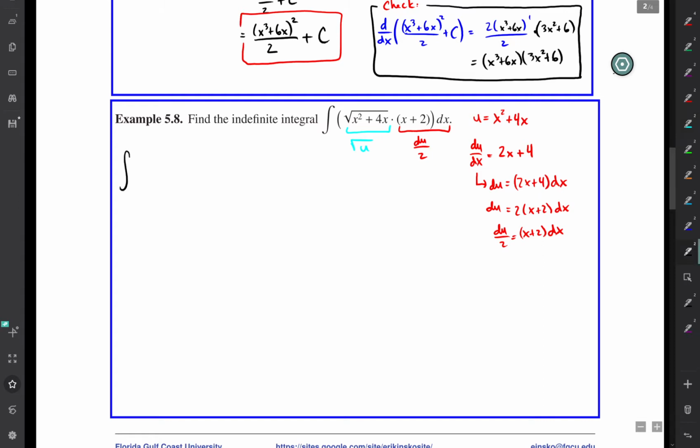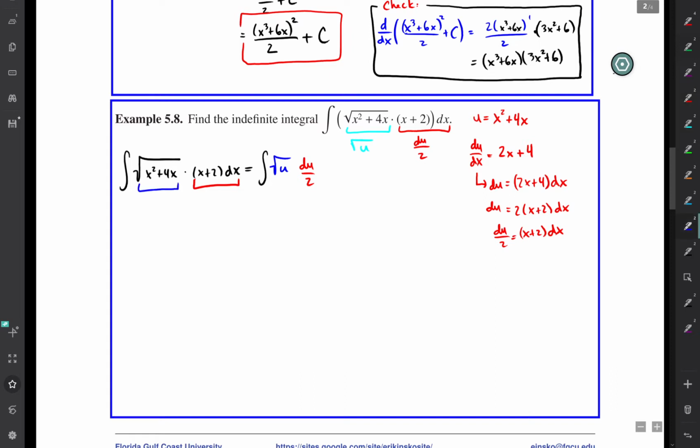So let me write this whole thing over again. I have the integral of the square root of x squared plus 4x times (x plus 2) dx, and I'm saying that this is equal to the integral of the square root of u times du over 2. Right, so that was the du over 2, this was the square root of u.